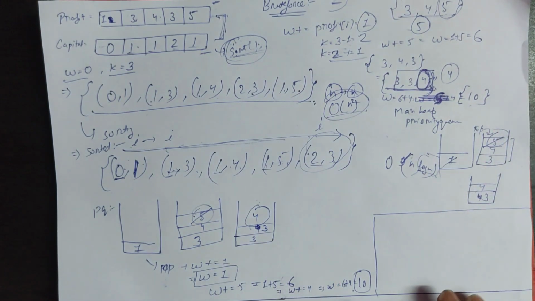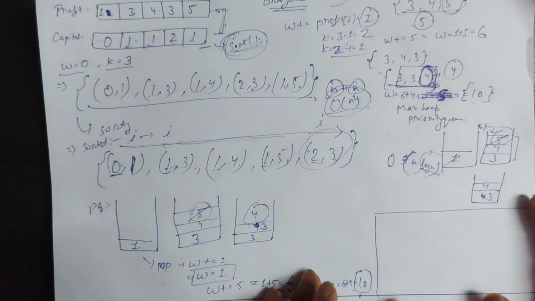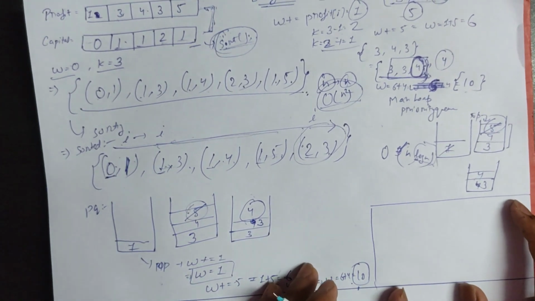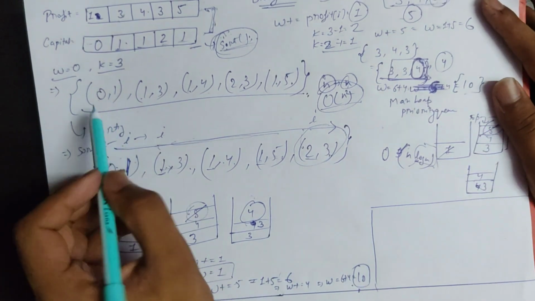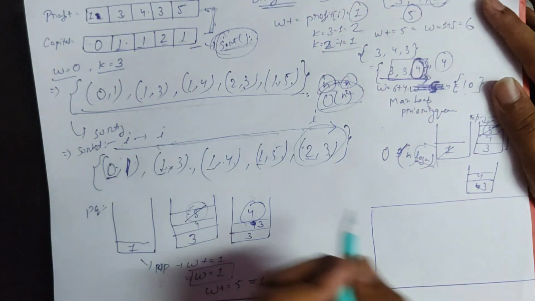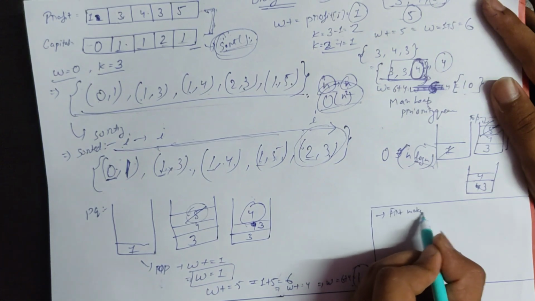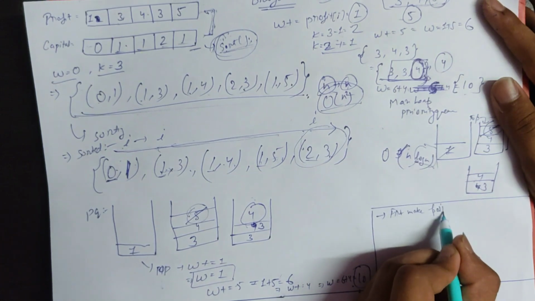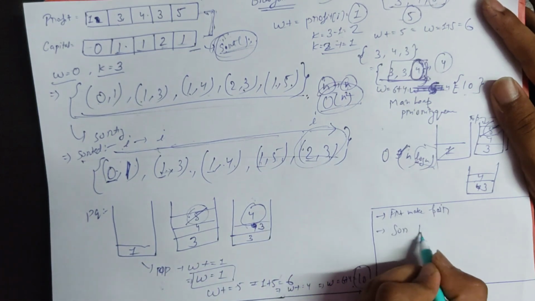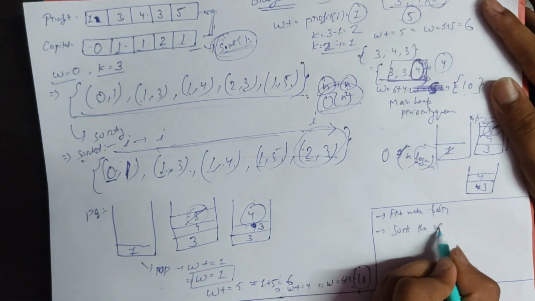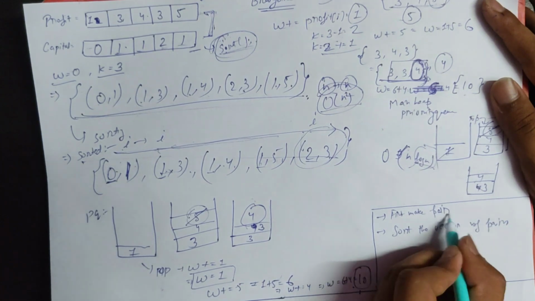Now let's understand how we will code this particular question. As I explained, we have to do the following tasks to code. At first we will make the pairs, and then we have to sort the vector of pairs.